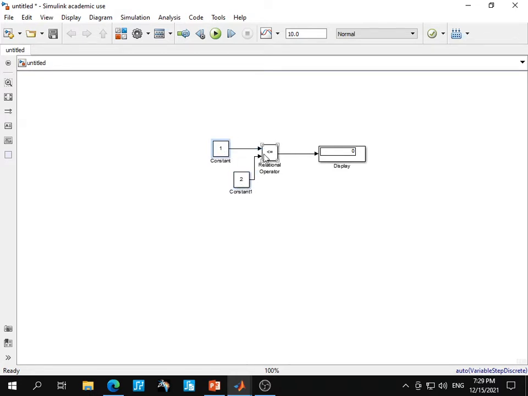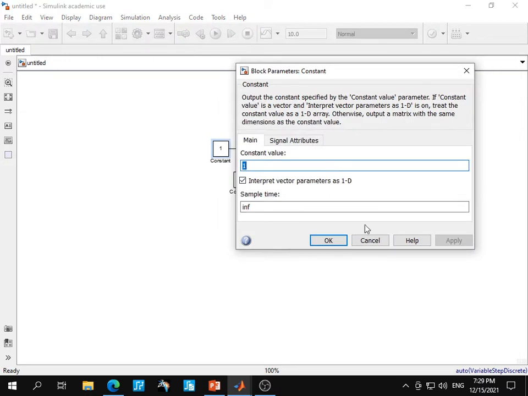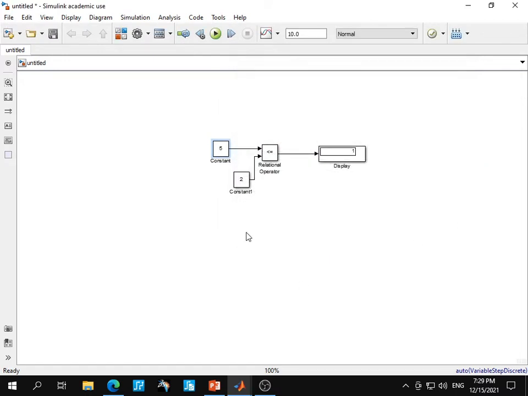So if you put it like this, then it means you want to check if 1 is smaller or equal to 2, which is true. So it will return 1. Right? If it's like this, is 5 smaller or equal to 2? No. So it returns false, which is 0.